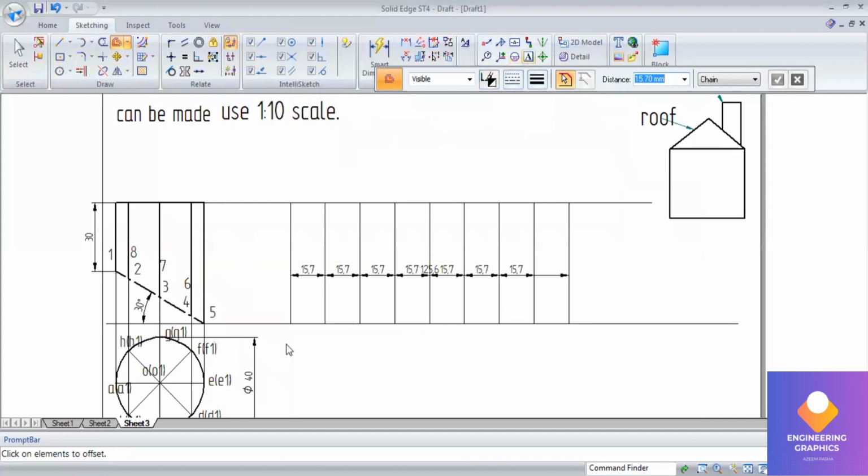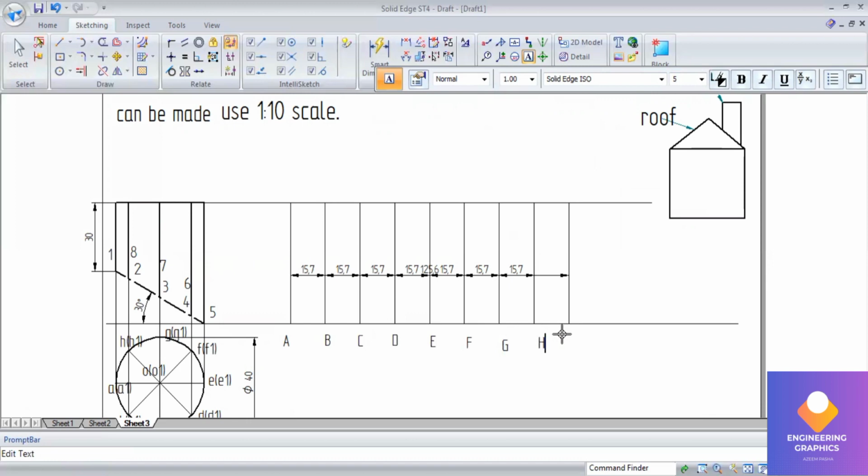Okay, now write down the notations with capital letters on the development portion. So draw the projection lines.